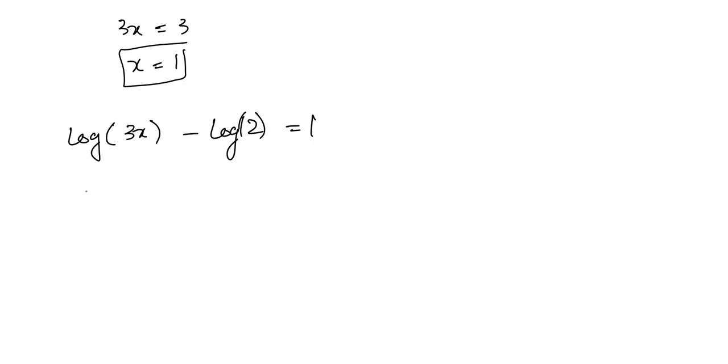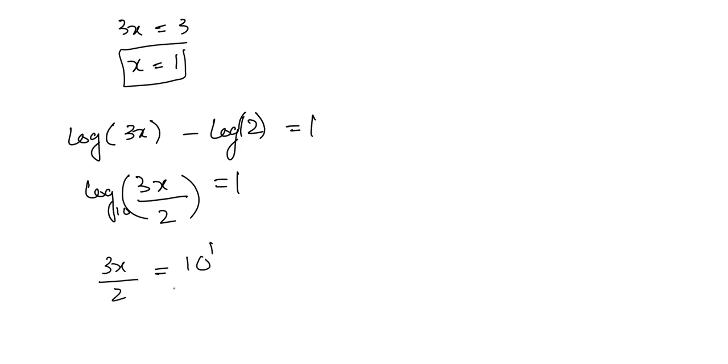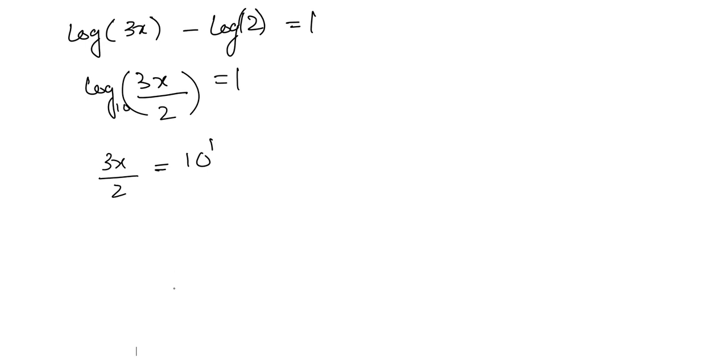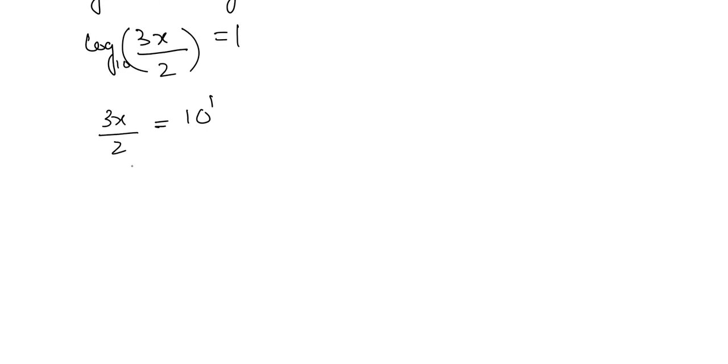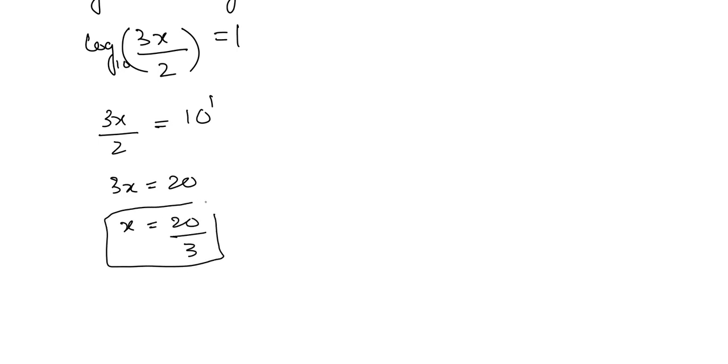So we have log 3x over 2 is equals to 1, and we know that here we have base 10, so we can write it as 3x upon 2 is equals to 10 raised to the power 1, and by doing it, we will be having 3x is equals to 20 and x will be equals to 20 over 3. And yeah, we have done it.